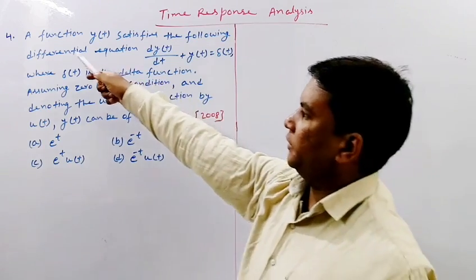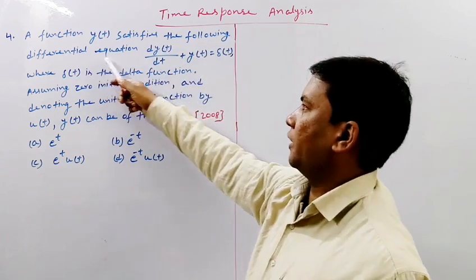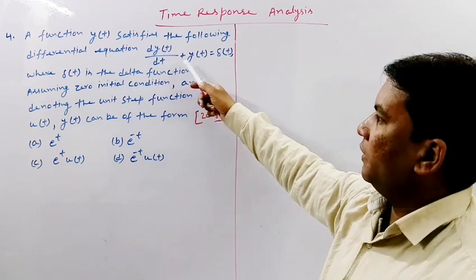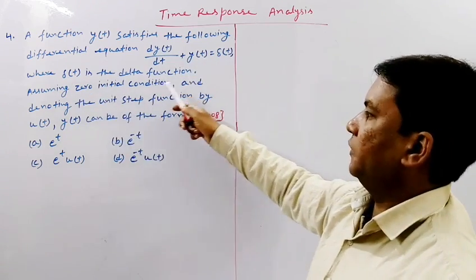The next question is, a function y(t) satisfies the following differential equation: dy(t) by dt plus y(t) equal to delta(t), where delta(t) is the delta function.